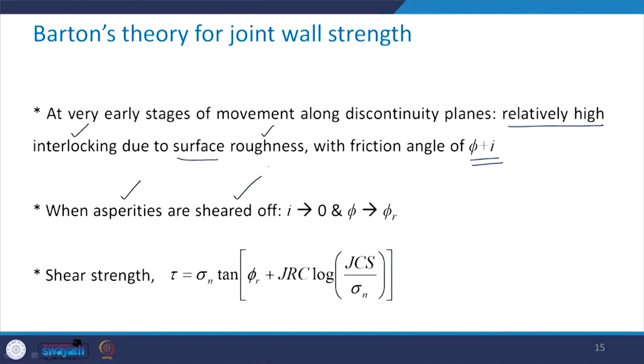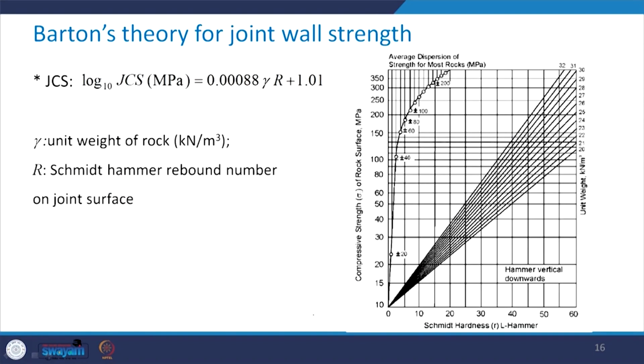In that case I reduces to 0 and phi reduces to the residual friction angle, phi r, and therefore the shear strength is given by this expression, which is for large values of sigma n.